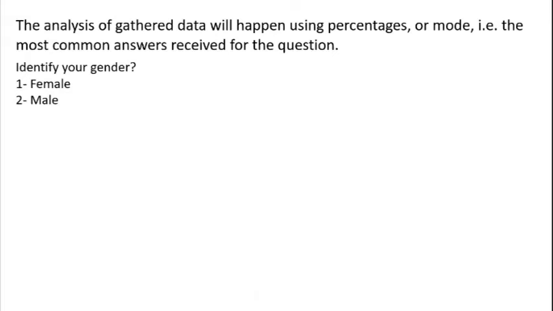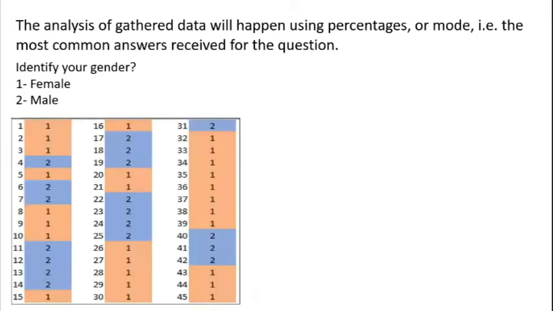Let's say, for example, you have 45 respondents and you would like to determine the gender of each respondent. So this would be the number of respondents, 45. And the numbers you see here, 1 and 2, correspond to their specific gender type.